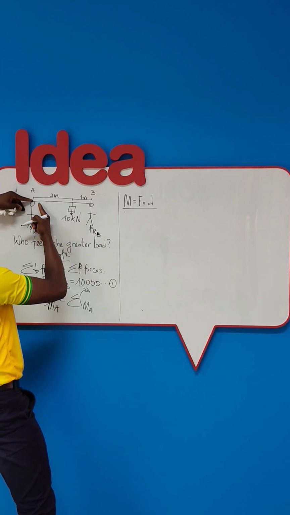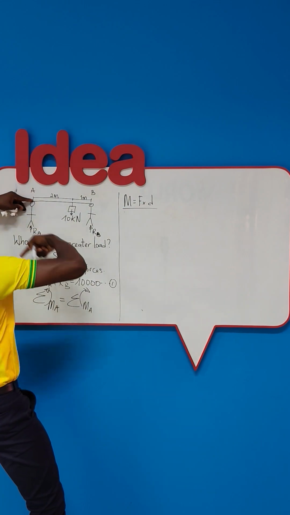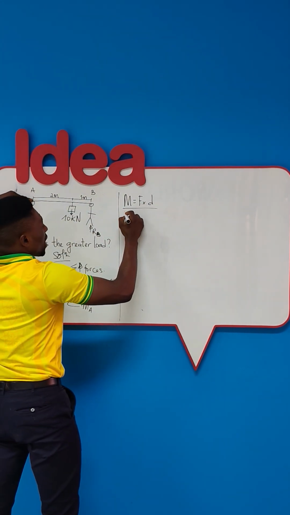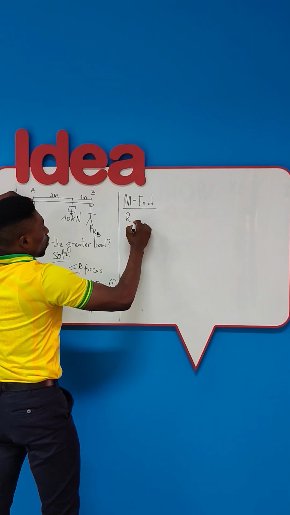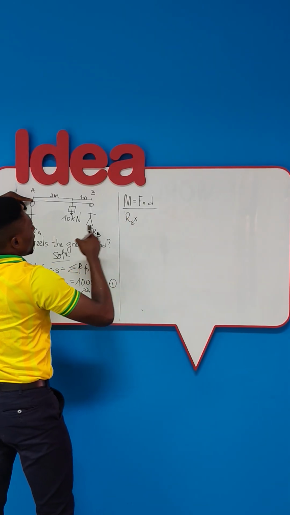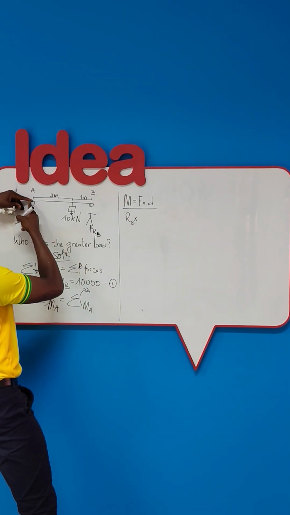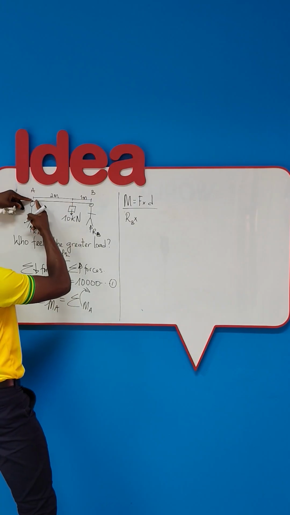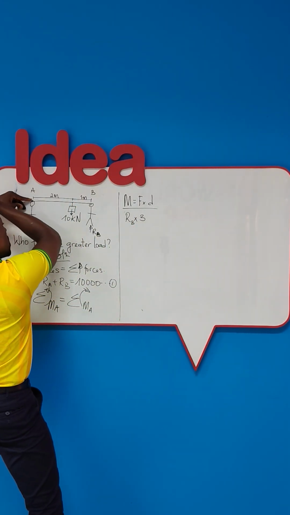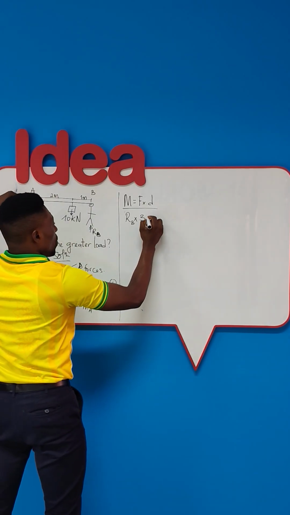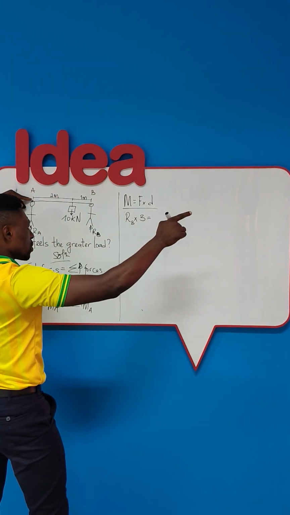RB is the only force that wants our bar to go in the anti-clockwise direction. So the magnitude here is going to be the magnitude of the force RB times the perpendicular distance, which is altogether 3 meters. So this is the sum of the anti-clockwise moments.